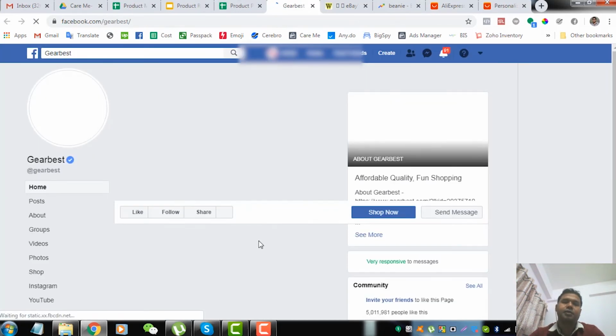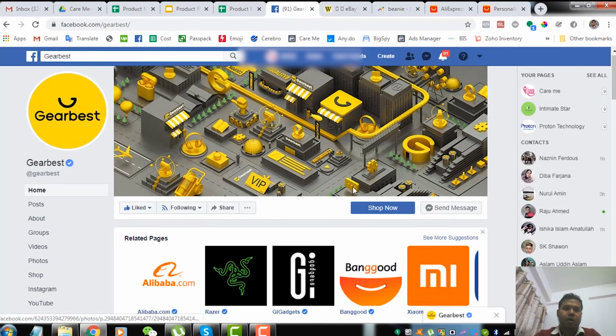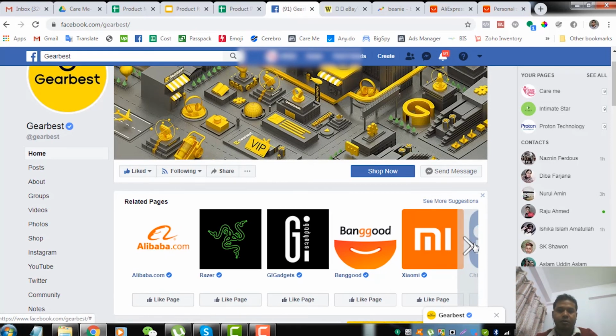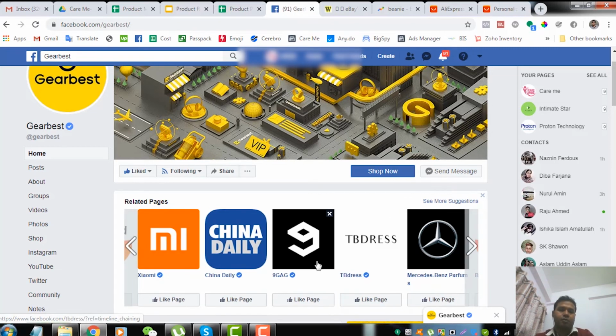How do you make a big list of sites like this? It's very easy. When you like any site, it will suggest related pages underneath. You can scroll like this, then go to another page and like that page, and more related pages will pop up here. Just jot down those pages in a spreadsheet, and you are all set.